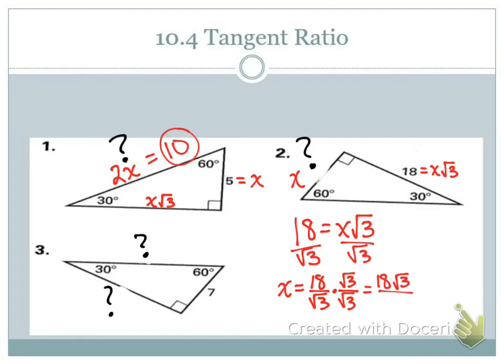In my denominator, radical 3 times radical 3 equals 3. Can that fraction simplify? Yes, 18 over 3 is 6. Does the radical 3 change? No. So that would be our answer for number 2. 6 radical 3.